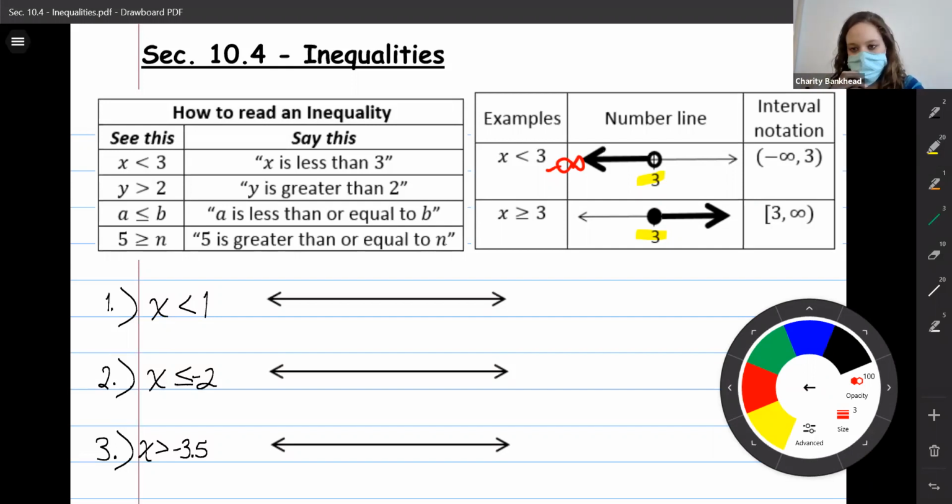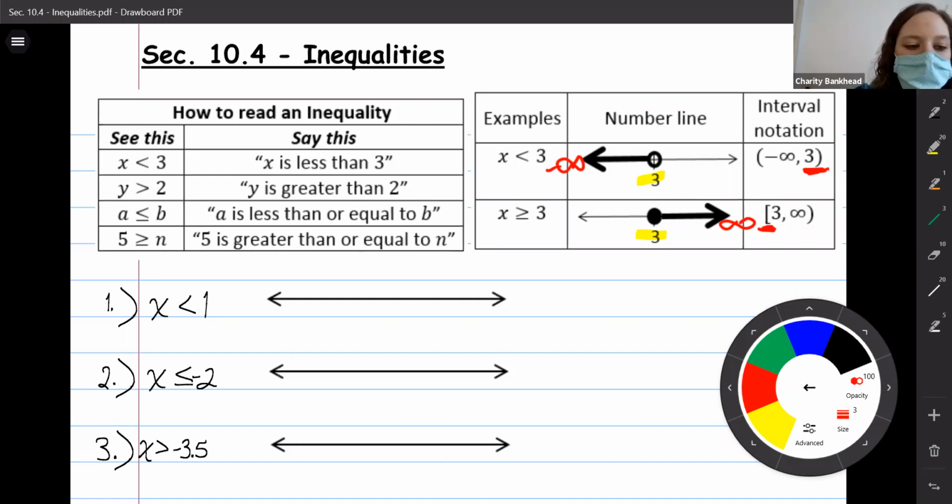The parentheses next to the 3 in the interval notation shows that 3 is not included, just like the open circle. And for x is greater than or equal to 3, going from left to right, that's 3 to infinity. The bracket next to the 3 shows that 3 is included in that solution set, just like the solid circle.